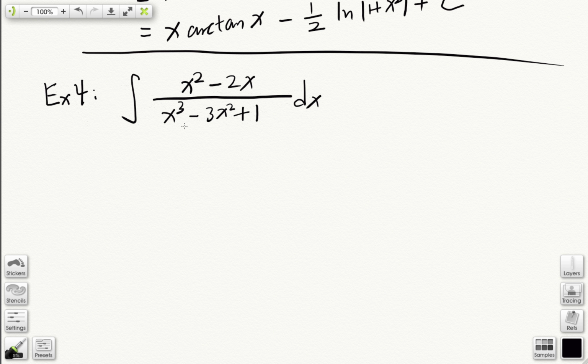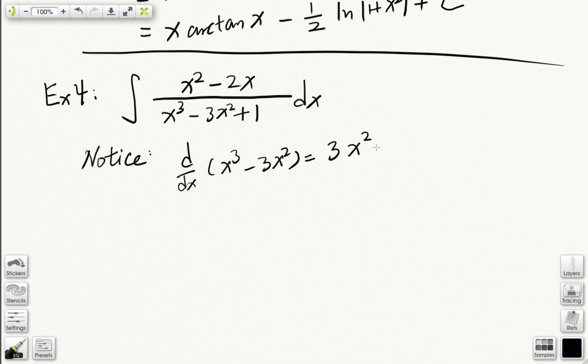So when we look at whether it can be achieved by using the substitution, we may notice: d over dx of x cubed minus 3x squared equals 3x squared minus 6x, which is 3 times x squared minus 2x, which happens to be the numerator, right?